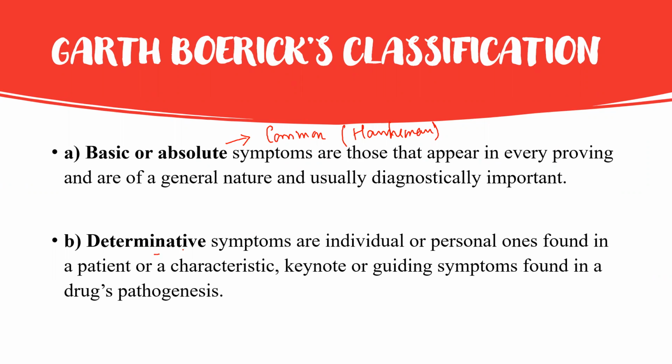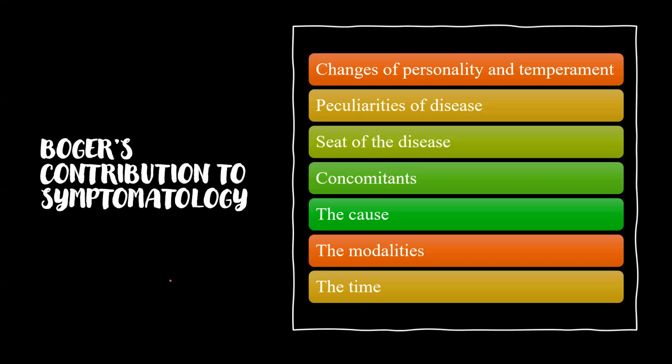Now, determinative symptoms are the uncommon symptoms. They are individual or personal ones found in a patient, or a characteristic keynote or guiding symptoms found in a drug pathogenesis. Basic or absolute and determinative symptoms, this is by Garth-Voorhees.